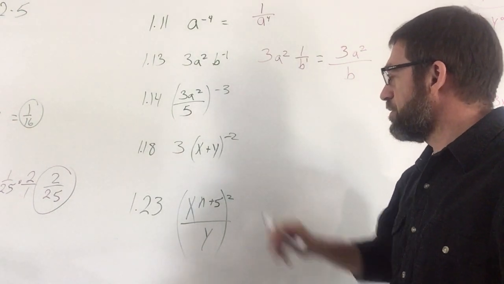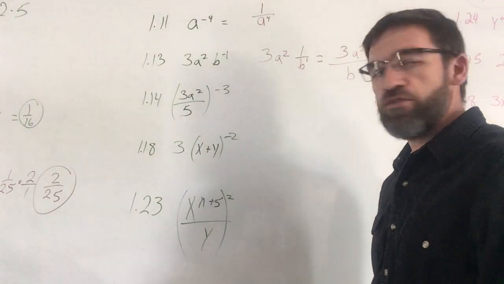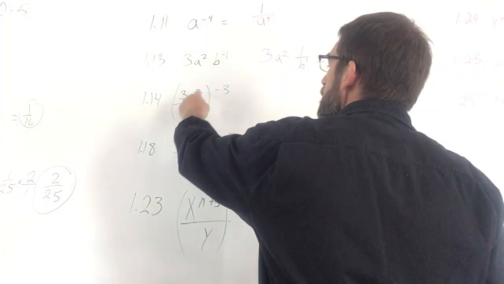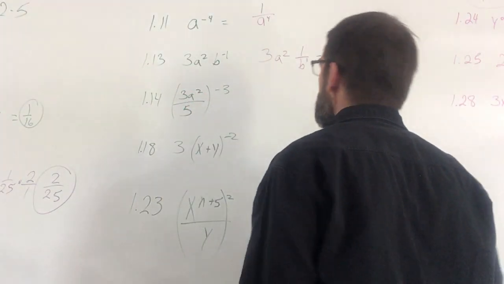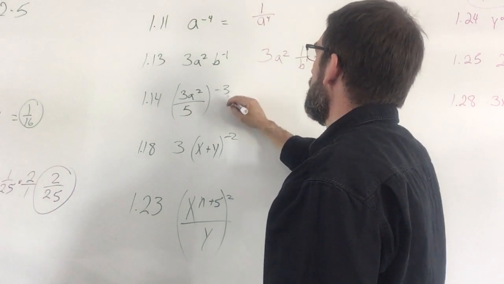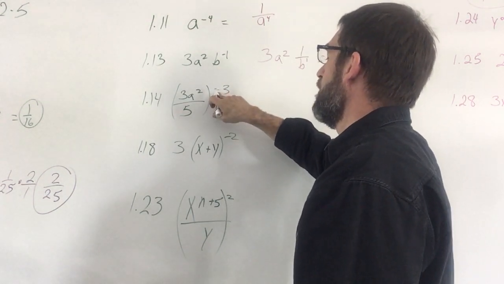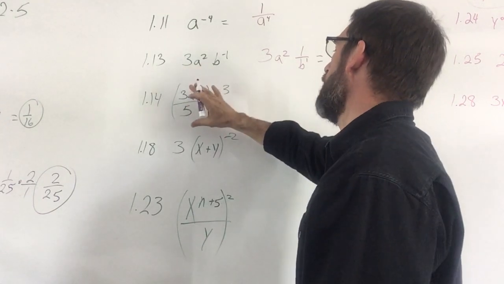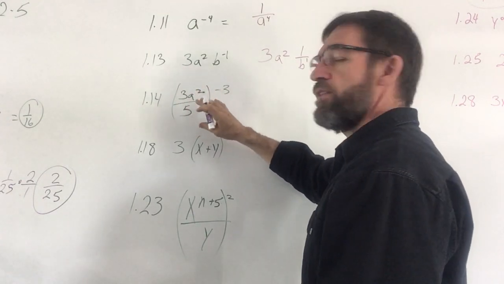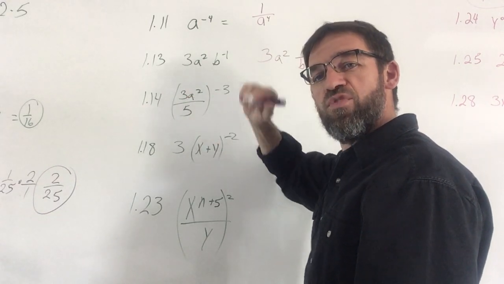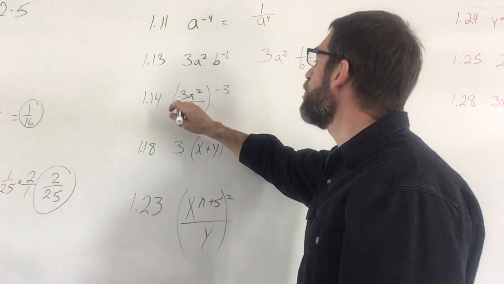Okay, so let's do the next one. It's a fraction. So we have 3a squared and 5. And so it's a negative. So that means this whole problem, I found this very interesting. This whole problem, you flip the whole thing. It's not a whole number.